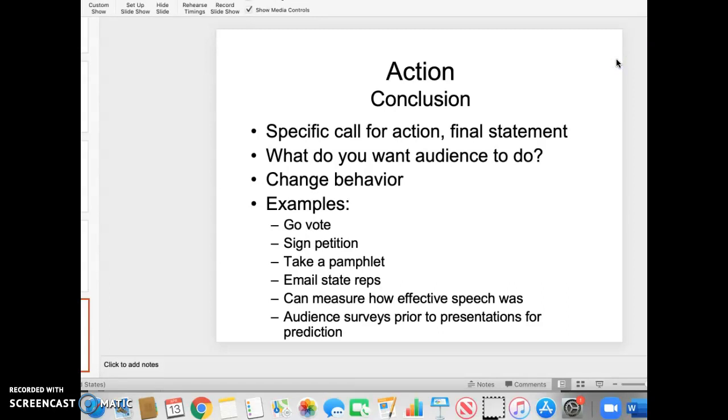Okay, and with these charities, it might be donate a certain item or volunteer a certain amount of hours. Okay, so there will be some different ways that you might get us to take a particular action. Let me know if you have questions.